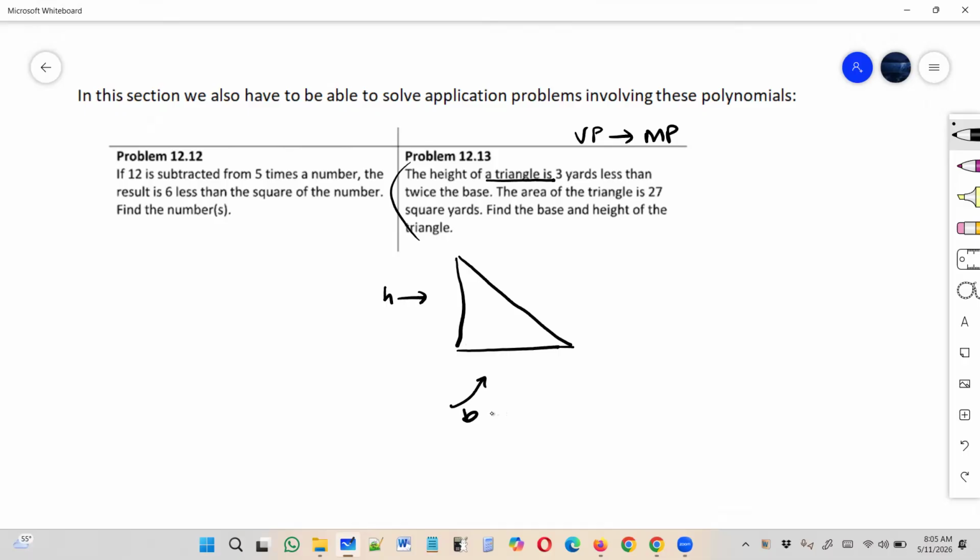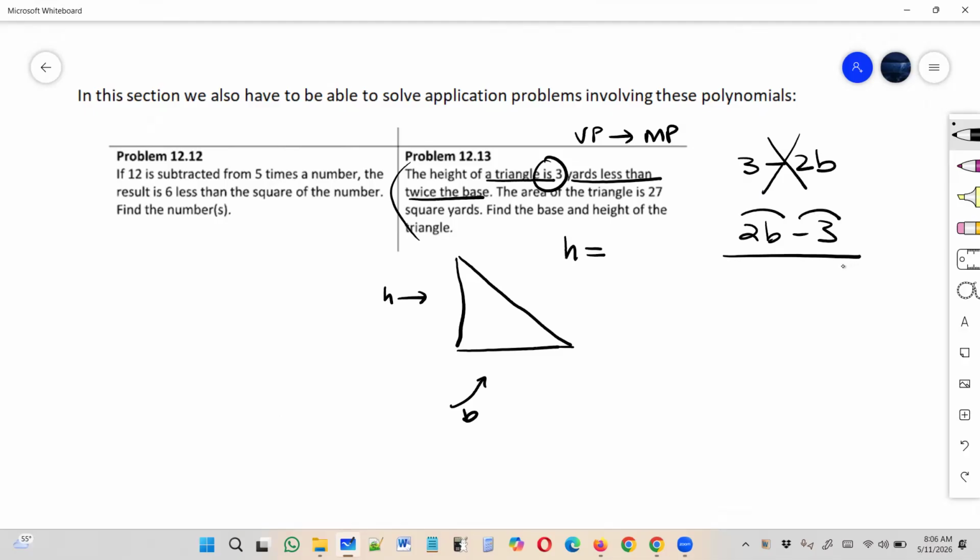So the height of a triangle, the height is 3 yards less than twice the base. Now, 3 yards less, twice the base. Don't write it that way. 3 less than twice the base.